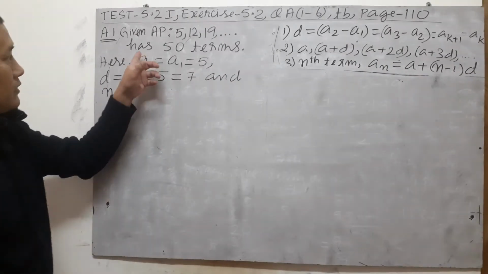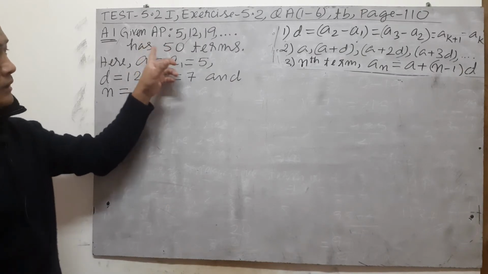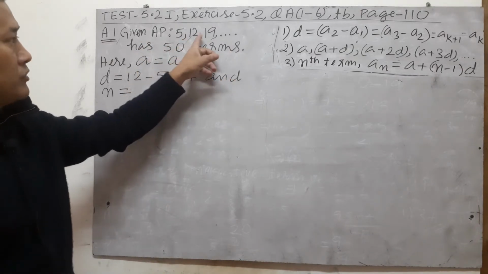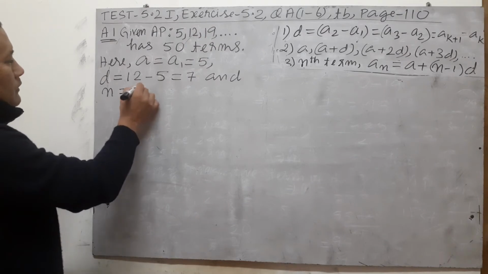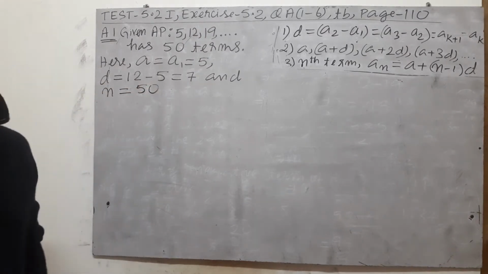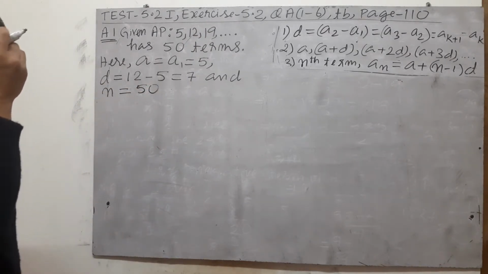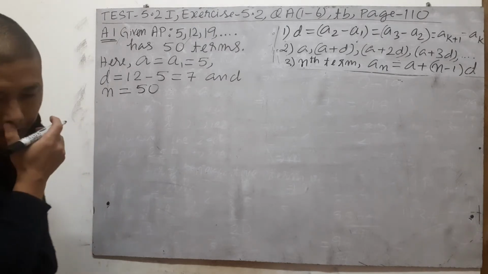So this AP has total 50 terms, including these 3. Once we are through with that, now we have to find its last term.